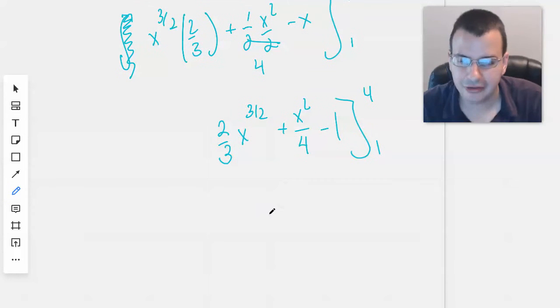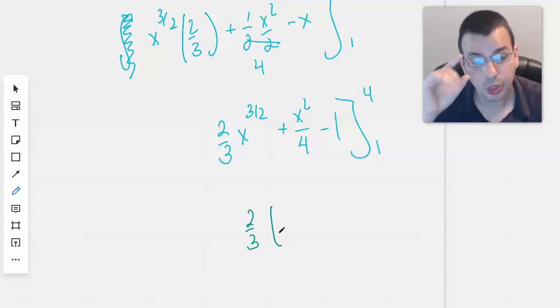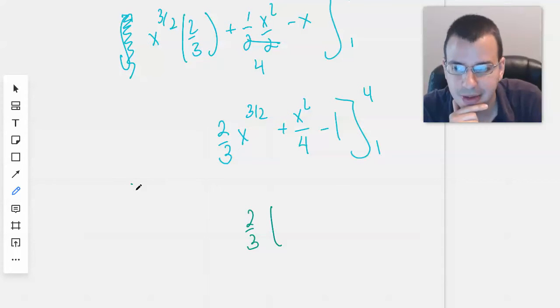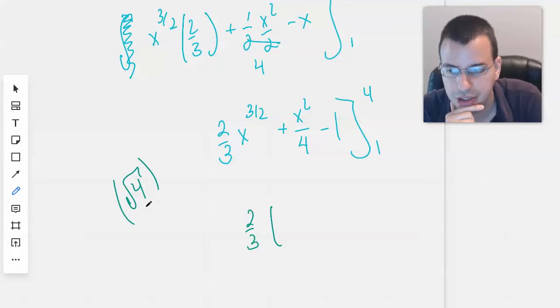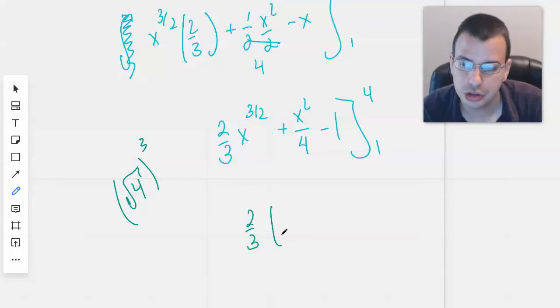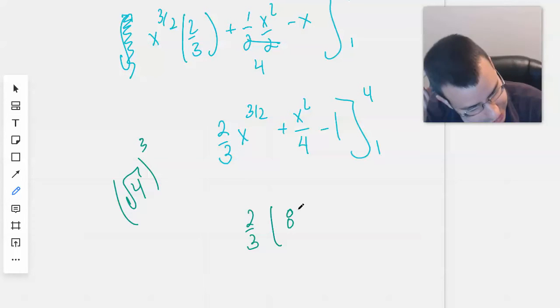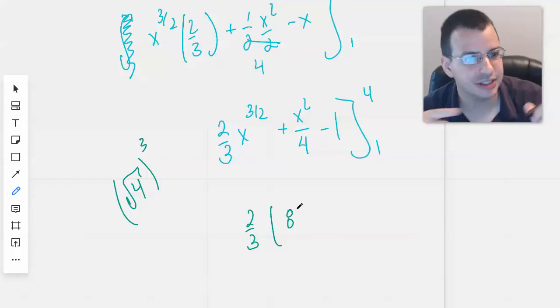So we'll do 4 first. So 4 to the 3/2 is the same as 4 square rooted cubed. So that 4 square rooted is 2. 2 cubed is 8. And we assume that for this problem we're taking the positive square root.